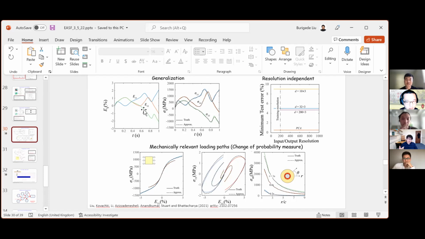We train this neural network using the solution of unit cell nonlinear problems. So that's how we have been able to include all the material nonlinearities in this problem.